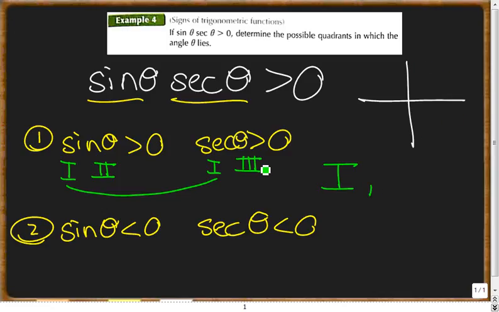Now, sine is going to be negative when we are in the third or fourth quadrant. Secant will be negative when cosine is negative, so that's our x. That's going to be when we are in the second or third quadrant.